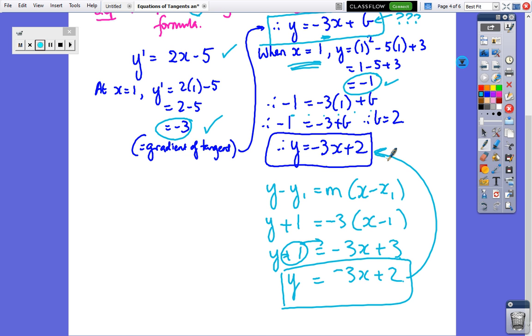What a surprise. Okay, so it doesn't matter whether you use this form of a straight line or y equals mx plus b, it just depends on which one you want to use. Okay, copy that down, and when you're ready, come across to the next slide.